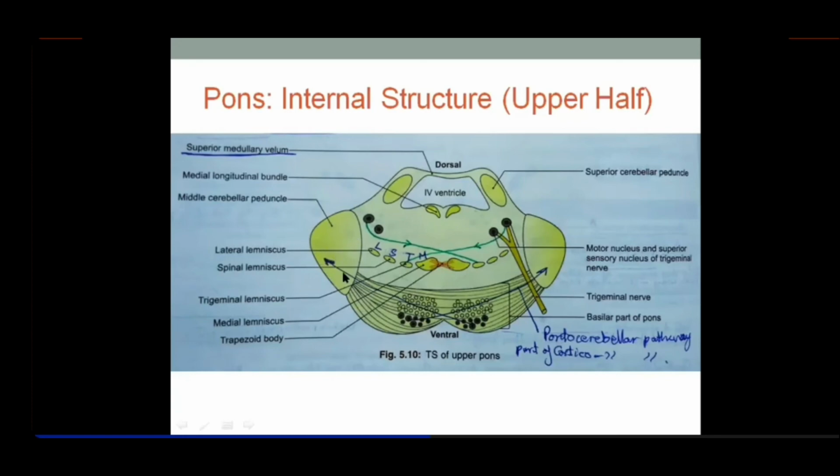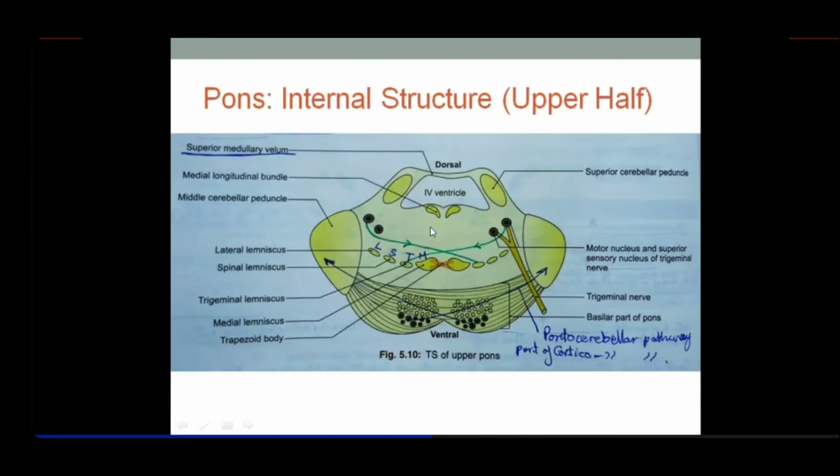Okay, this is the middle cerebellar peduncle. You've got to know about the peculiar identifying features of this upper section of the pons. One identifying feature is very clear: the floor of the fourth ventricle will be a closed cavity, and the roof is being formed by the superior medullary velum. This is an identifying feature of the upper section of the pons.